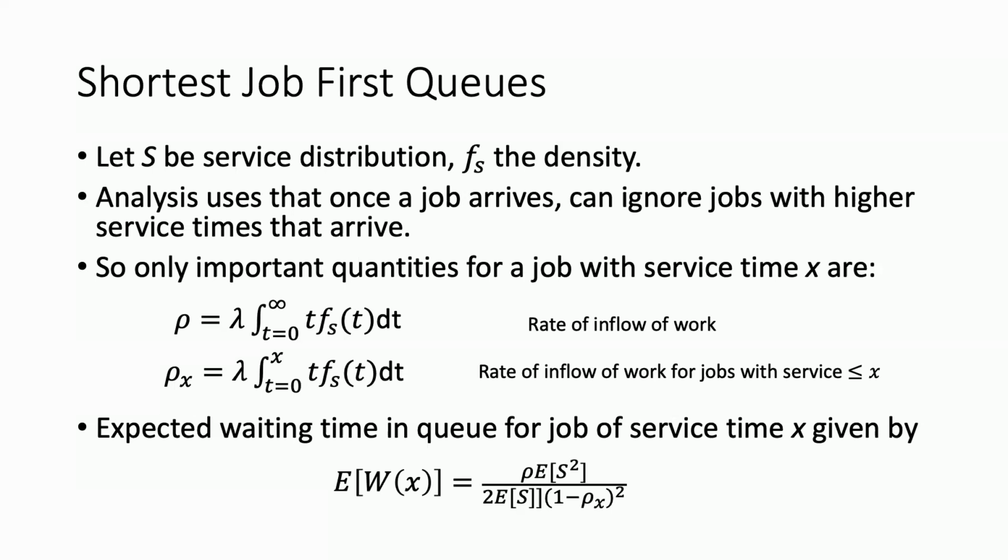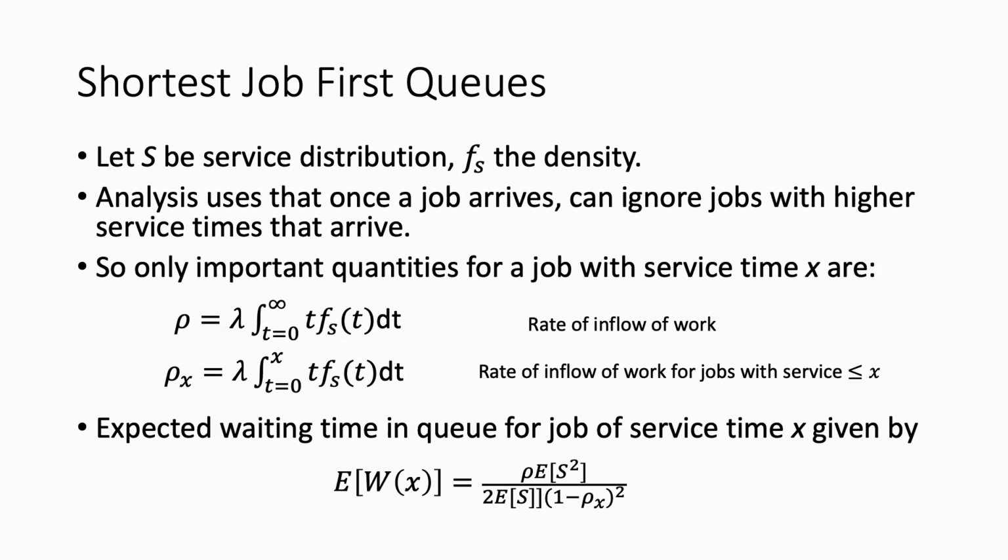It turns out the important quantities are the total rate of work coming into the system, and, for shortest job first, if my job size is X, I don't care about jobs bigger than X because they aren't going to affect me. I'm blind to them.